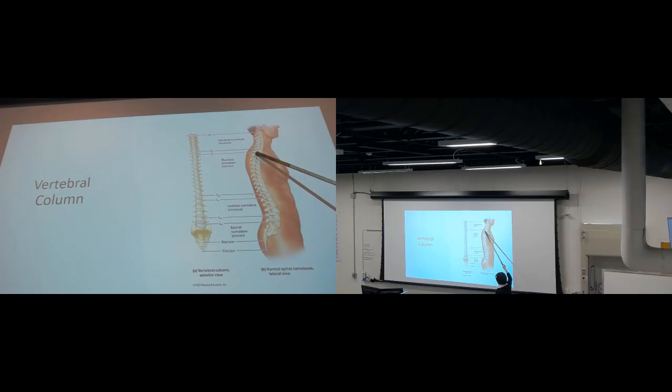So this is cervical and lumbar, which are concave, and thoracic and sacral, which are convex. 7 cervical vertebrae, 12 thoracic, 5 lumbar, 5 sacral, 3 to 5 coccygeal. And in all the ones that are separated, from cervical up to lumbar, we have these intervertebral discs.